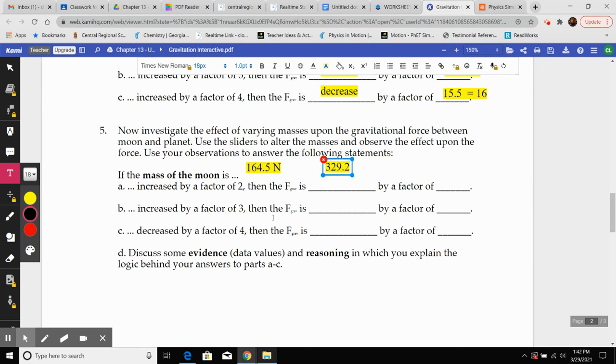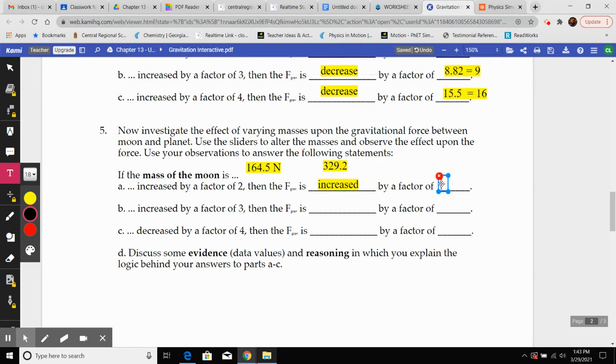So what we can do is take 329.2 and divide it by the 164.5, and that comes out to be 2.0012 and change. So we increased mass by 2, the gravitational force increased by a factor of 2.00 and change. So that's very good.